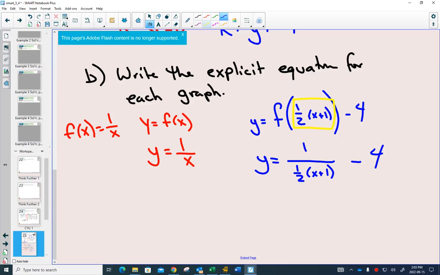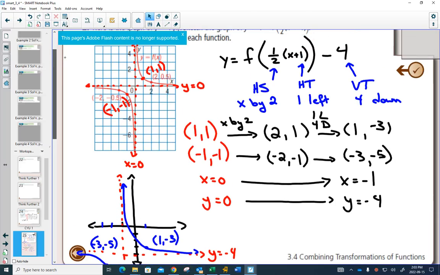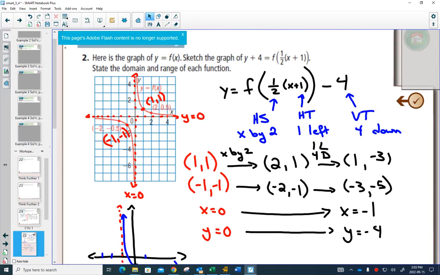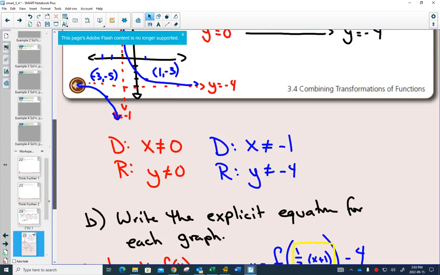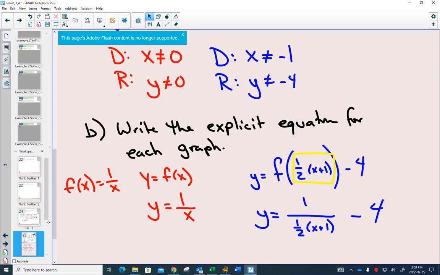So this could be a question you get. We got this question in this form, where it said, here's the graph, deal with the function notation. You could get this same question with just this. Can you graph this?